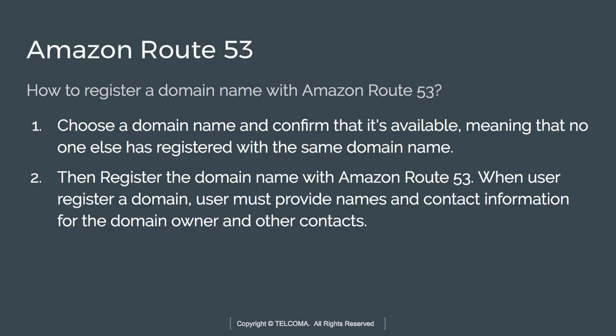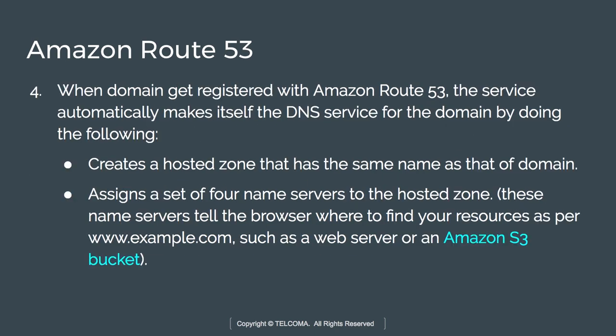Then register the domain name with Amazon Route 53. When a user registers a domain, the user must provide the name and contact information for the domain owner and other contacts as well. When the domain is registered with Amazon Route 53, the service automatically makes the following changes.